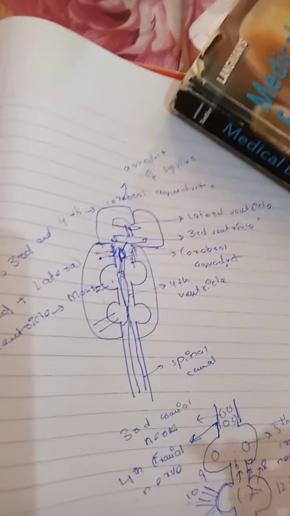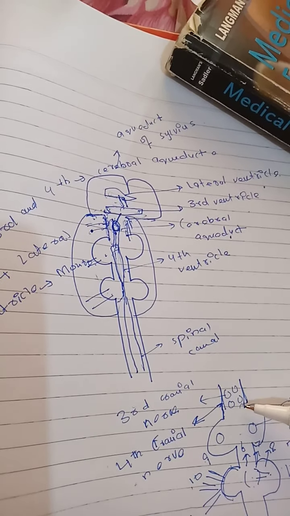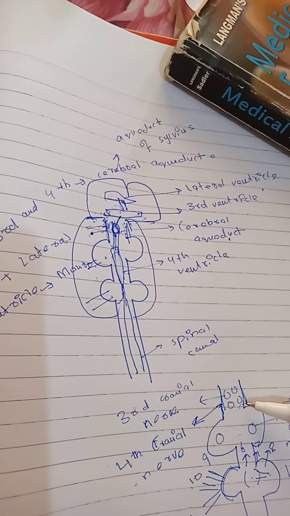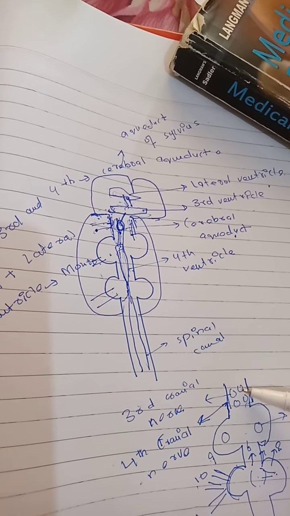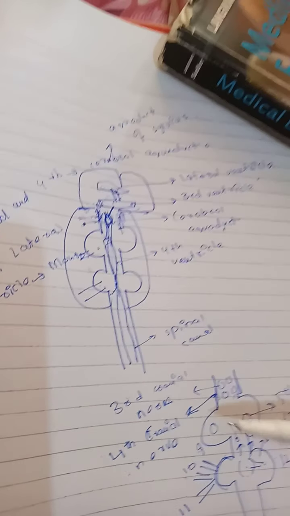Now the cranial nerves associated with the brainstem. The third and fourth cranial nerves are associated with the midbrain. The third cranial nerve is present near the superior colliculi, and the fourth cranial nerve is present near the inferior colliculi.